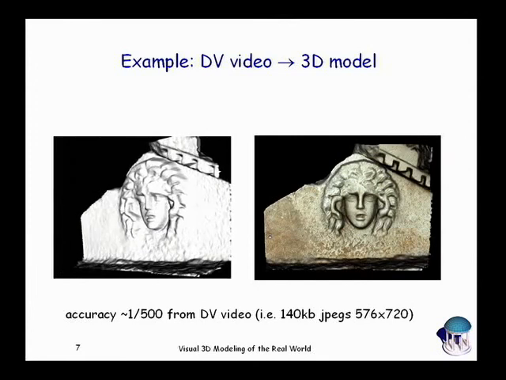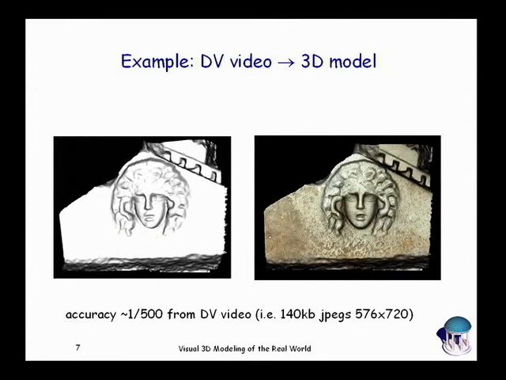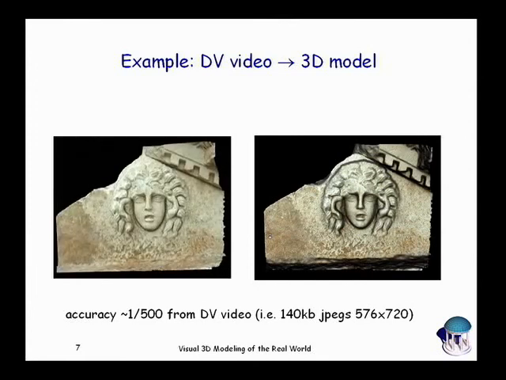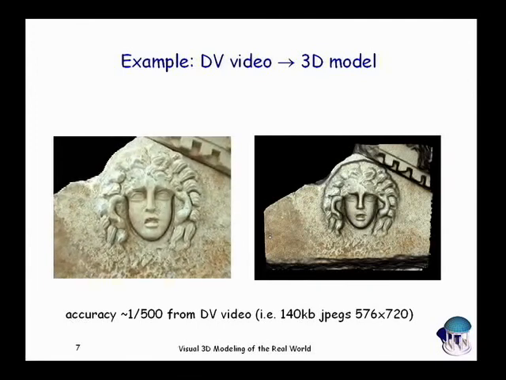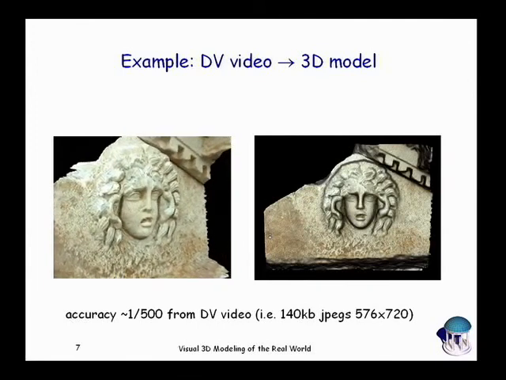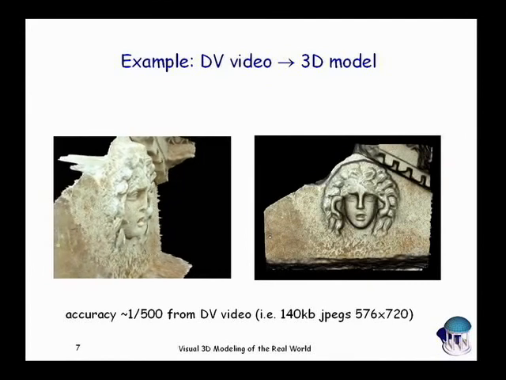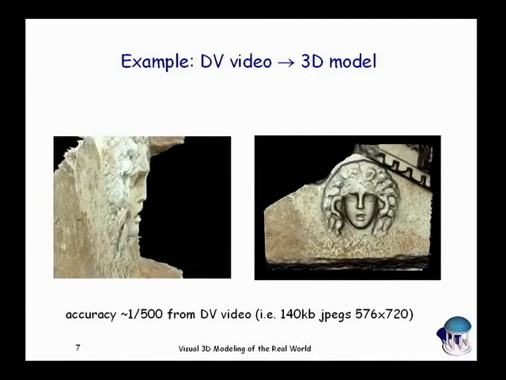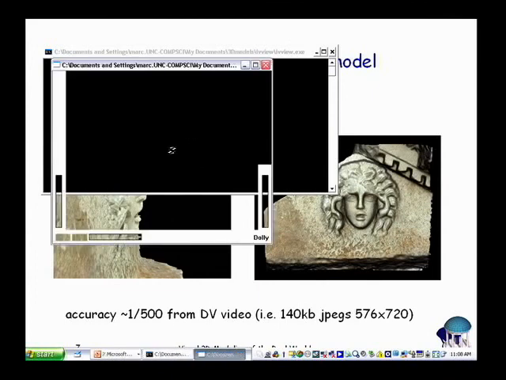We have estimated that both the structure from motion as well as the depth accuracy that we obtain is roughly 1 in 500 between the size of the object and the detail that we can extract out of this. Okay, actually, quickly show you that model also.